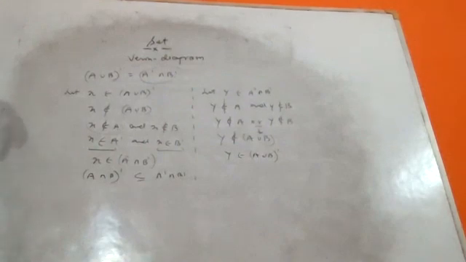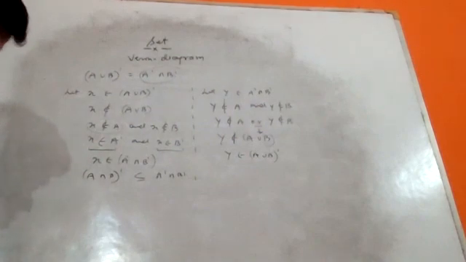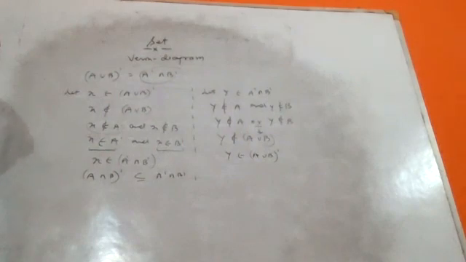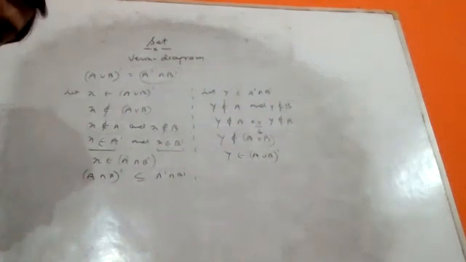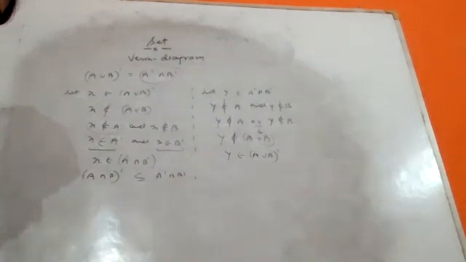If we are going to prove that this set is equal to this one, the one thing to remember in your mind is that you should prove set A equals set B. If we are proving equal sets, simply, you have to prove that set A is a subset of B and set B is a subset of A. In this way, you can say that these two sets are equal, right?